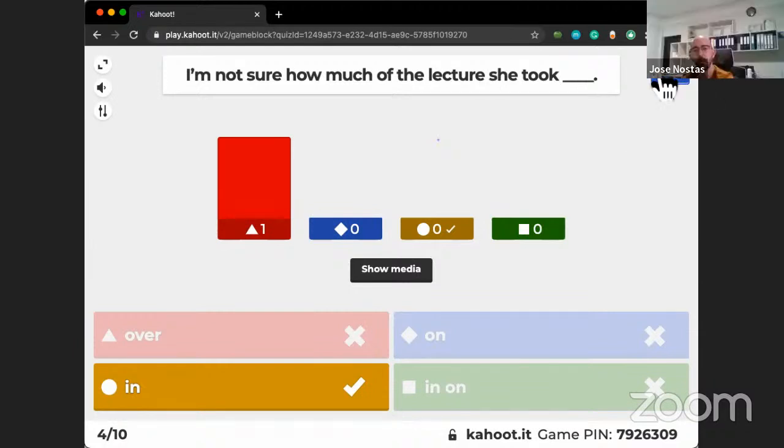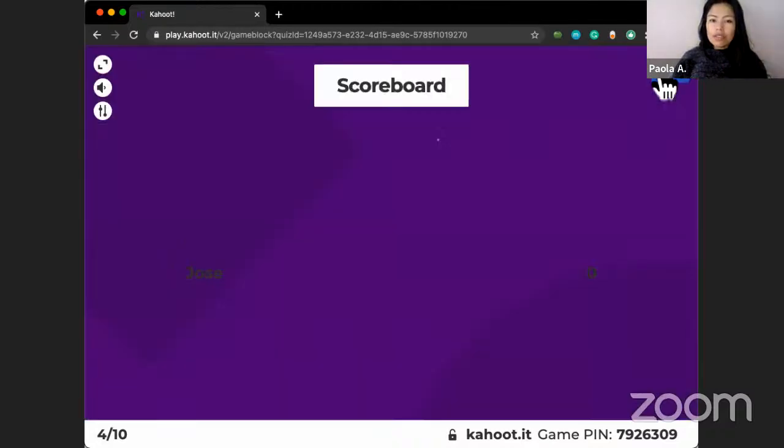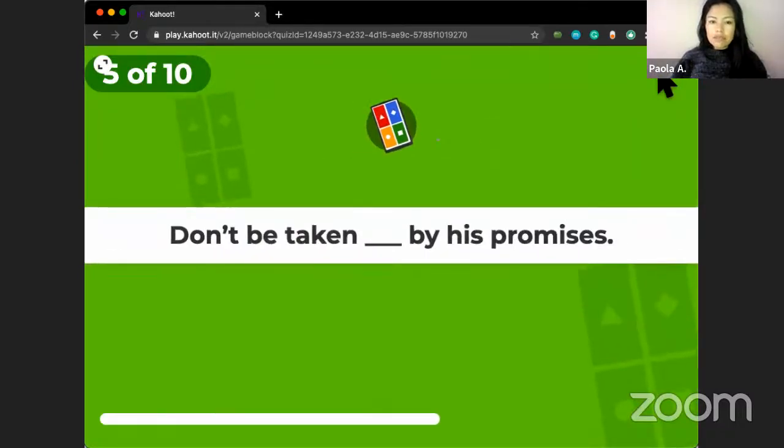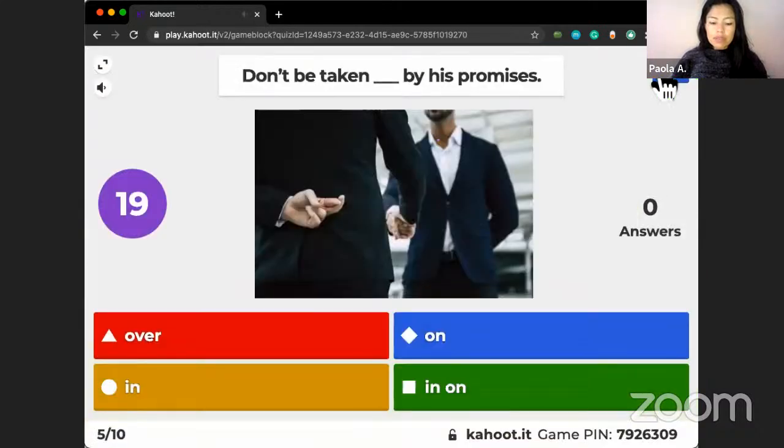Just remember, try to keep an open mind. Usually each phrasal verb is different. The meaning is totally different, but it's very common in English. That's why we're seeing this. Next one, please.